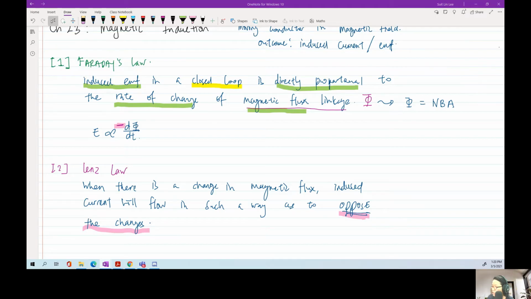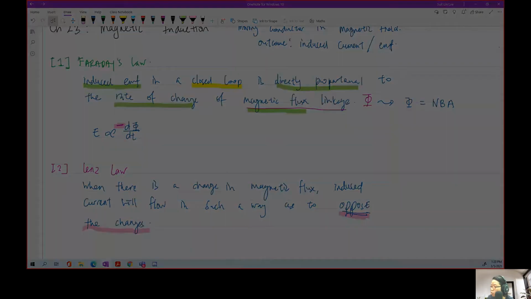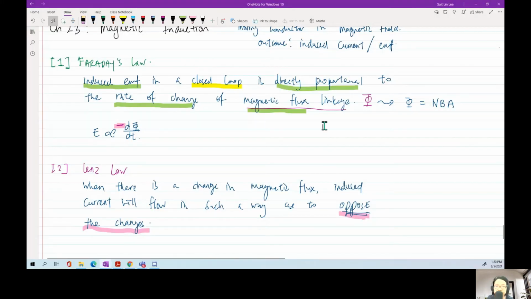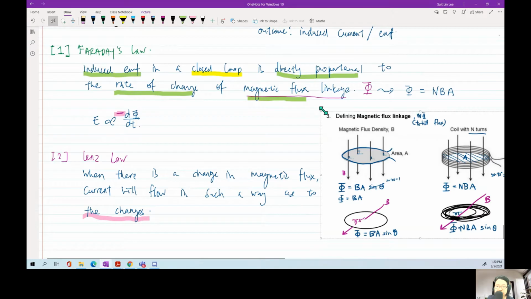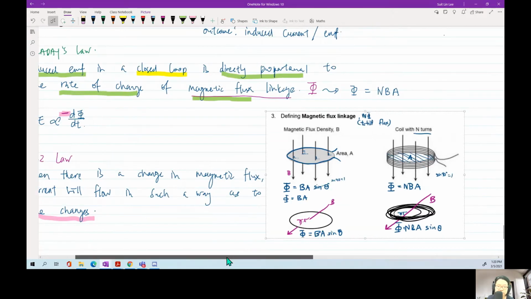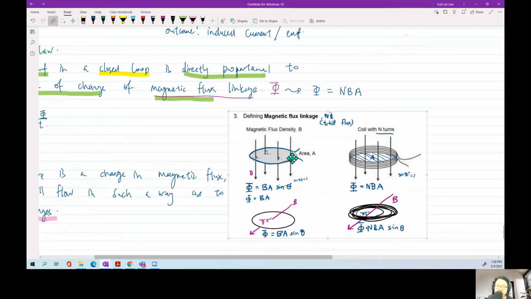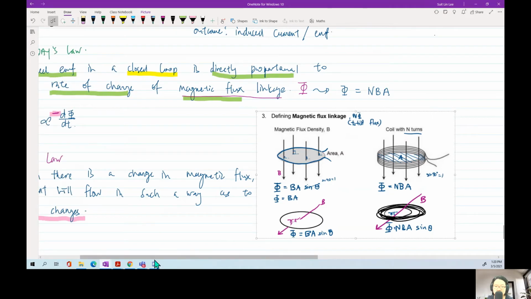Your magnetic flux linkage, if you remember your notes, let me define it, will look something like this. This area must be 90 degrees. If it's not 90, then we will use sine theta, where theta is between the plane and the angle. So this is how you define magnetic flux. It's the product of BA. Magnetic flux is this one.